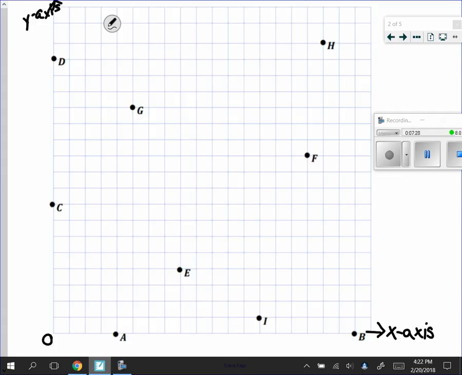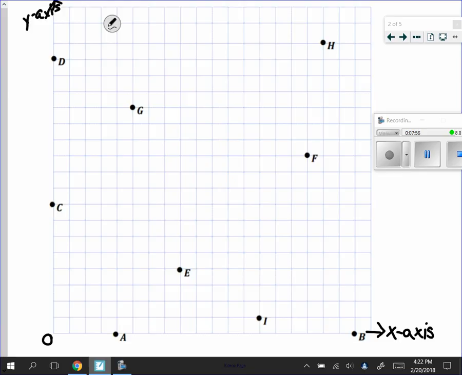Okay, so the next thing that we need to do is, I'm going to give you some directions for what needs to be labeled. We're going to label it with whole numbers only.